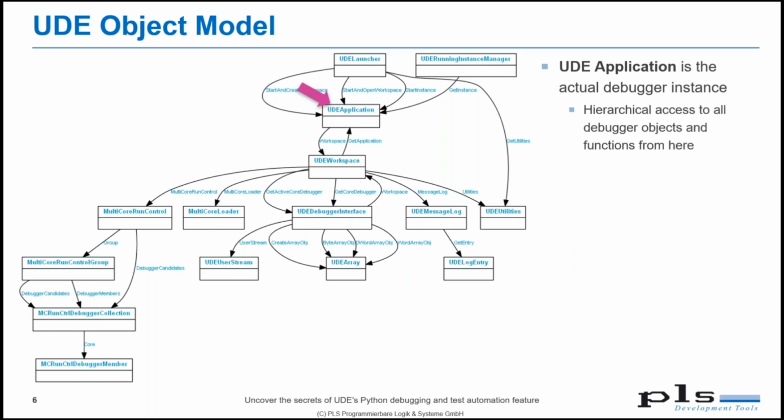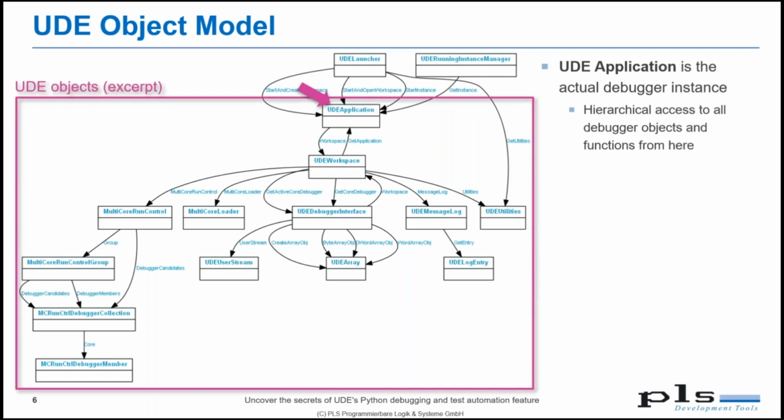The application object is the actual root object of the UDE object model. The launcher and the running instance manager are somehow outside of the object model. This and all the subsequent objects provide the several debugger functions.